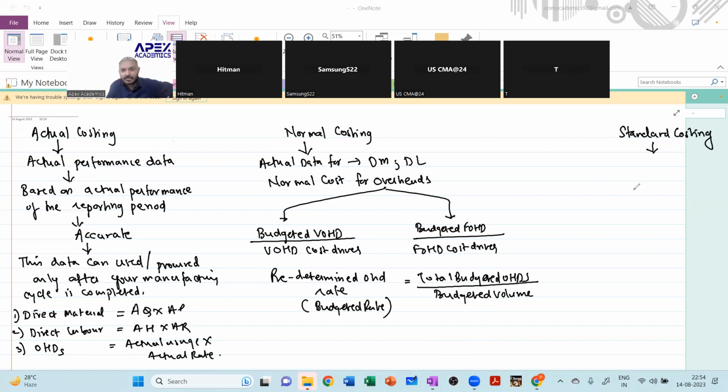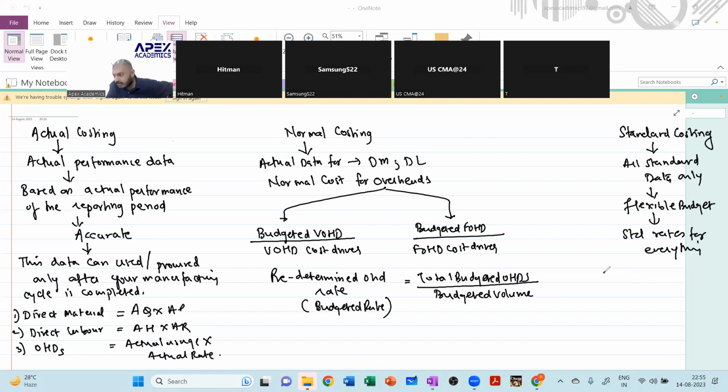Standard costing is going to be based on all standard data only. This will be a flexible budget which will take into consideration standard rates for everything.